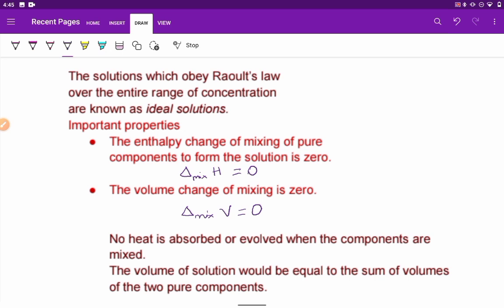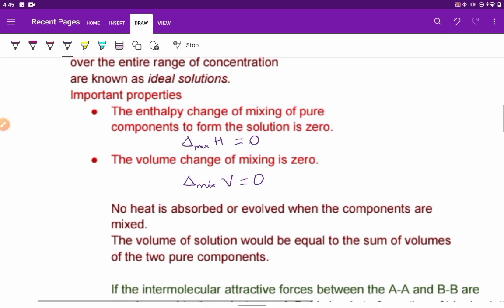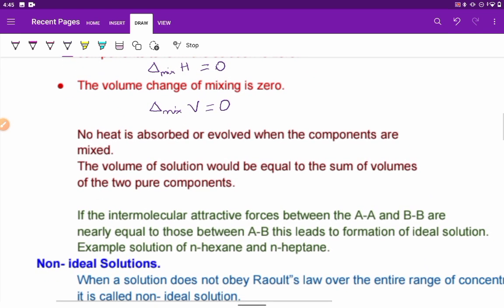So whenever the components are being mixed, no heat is absorbed, and no heat is evolved. At the same time, the volume of the solution would be equal to the sum of the volumes of the two pure components.